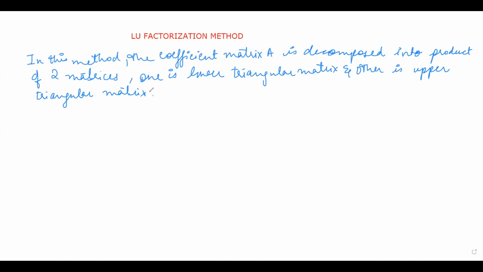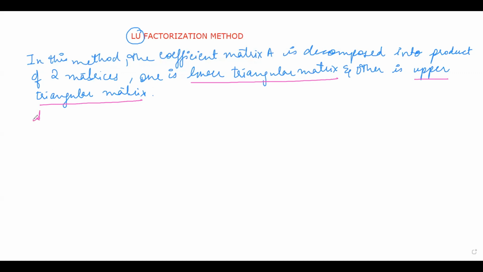The name LU suggests that L denotes the lower triangular matrix and U denotes the upper triangular matrix. As we all know, what an upper triangular matrix and a lower triangular matrix are. I'll give you a rough approach to deal with it.